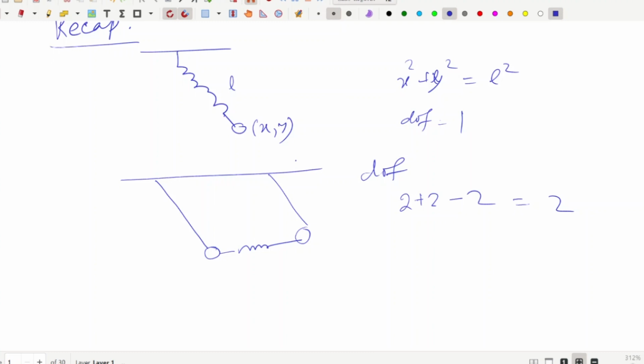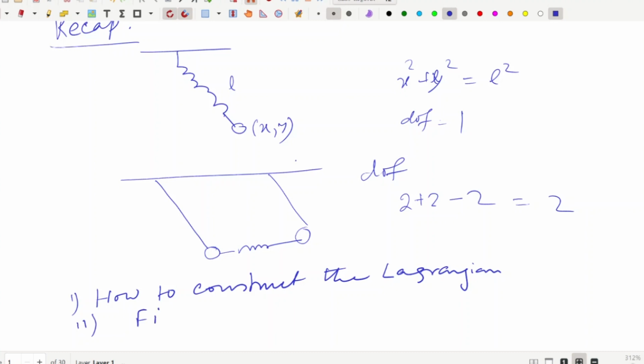So far we have learned how to construct the Lagrangian. In the last few classes we have paid attention to constructing the Lagrangian, so we know how to construct it, and how to find the Euler Lagrange equation of motion.